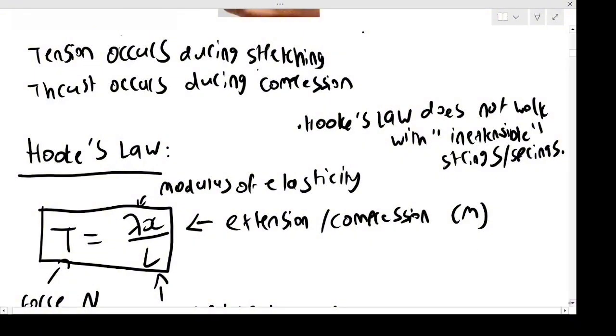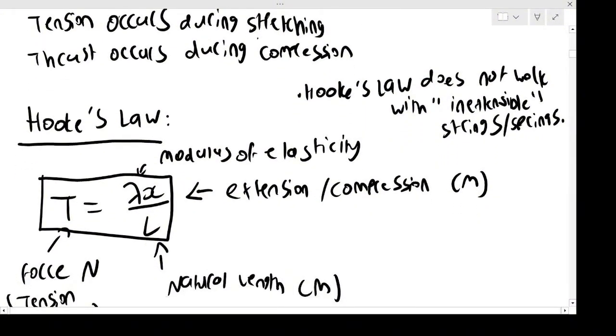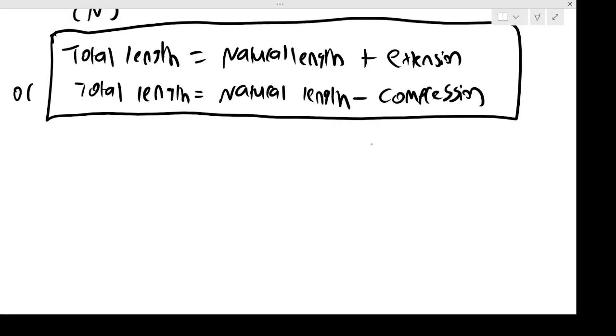So that's really the main thing we're going to be looking at: T is lambda x over L. And lastly, I do want to add this little note. Springs and strings will basically work in the same way. So we can apply the same equations, work out the same stuff, do the same maths to it.